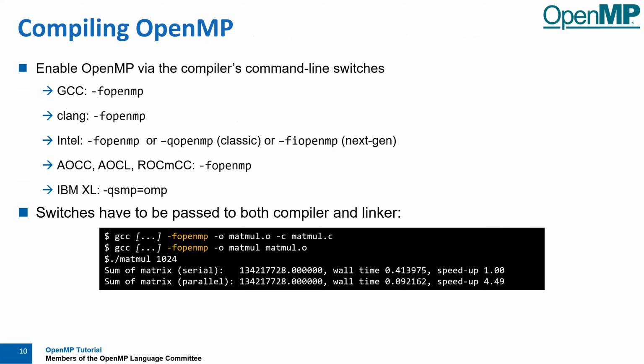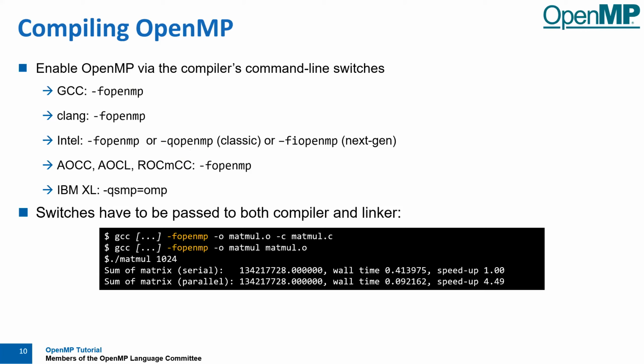Okay, the way you compile OpenMP, Christian had this already, is you have to tell the compiler to turn on OpenMP support. For most compilers, this is nowadays -fopenmp, so they adopted what GCC was using. Intel has the speciality for their classic compiler that they also support -Qopenmp, or in the next-gen compiler, they also support -fiopenmp.